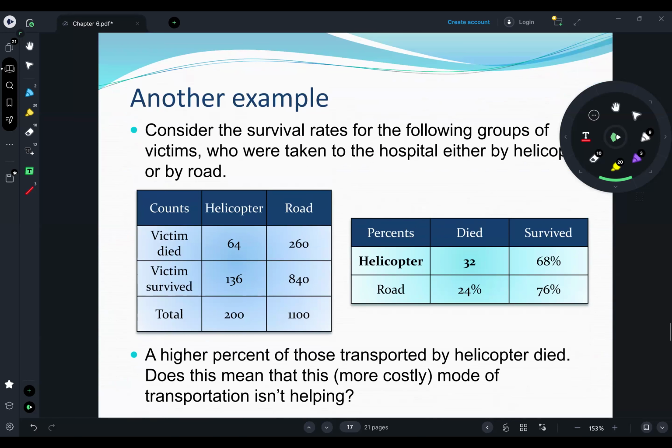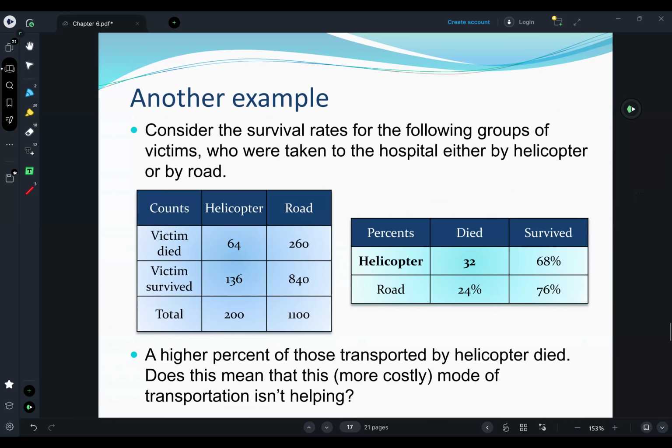Here's another example. I've seen this example used a lot with hospitals, but this one is looking at the counts of survivorship after an accident and whether you went to the hospital by helicopter or by road.